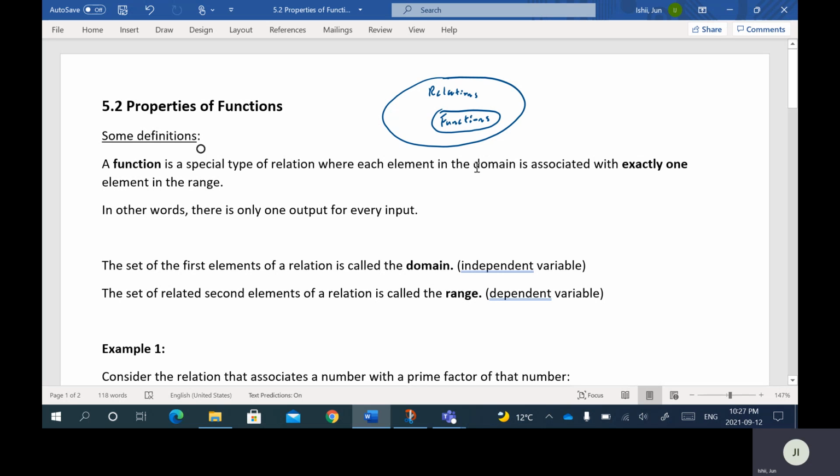Now the second part of this definition talks about domain and range, two things that you may or may not have heard of before. Domain is what we'll call the first set, and the range is the second set.